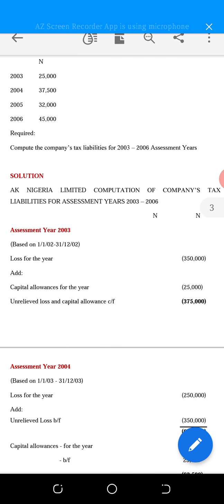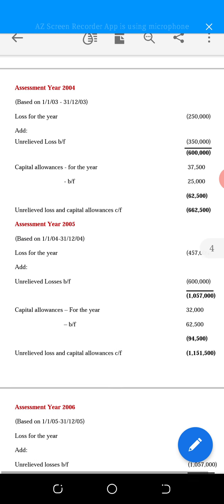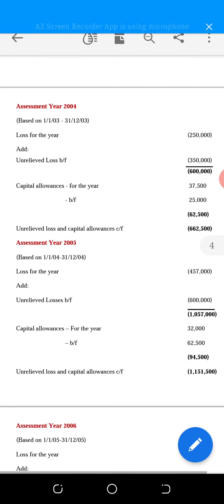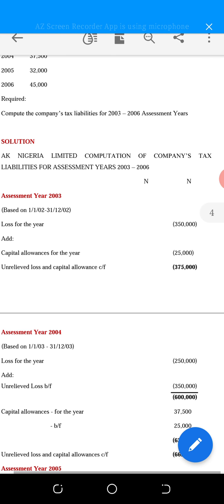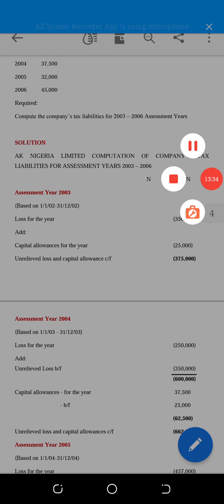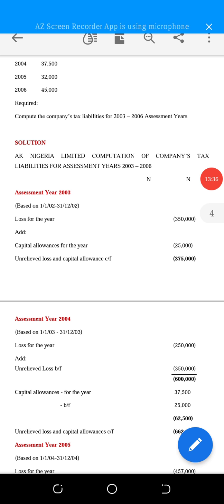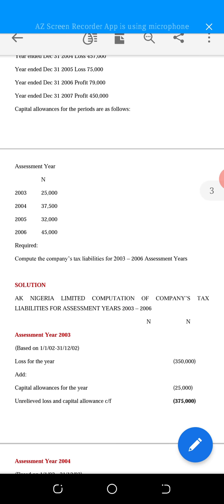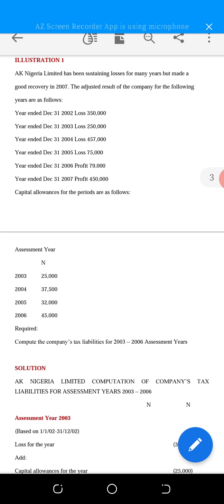Looking at the solution here, remember we have the assessment years. The years we are told to prepare are 2003 to 2006. There is no cessation or commencement, so we'll be using the preceding year basis.